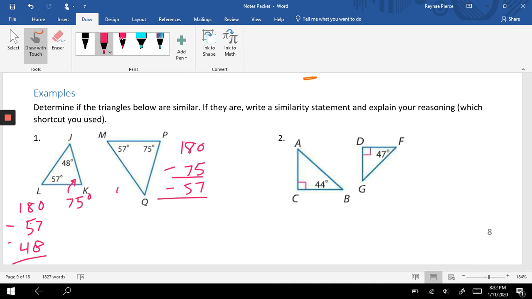Okay, that leaves me with 48 degrees to go for angle Q. Okay, so I know here I've got at least two pairs of corresponding angles that are congruent. So by that angle-angle similarity, I can say that triangle LJK is similar to triangle MQP.